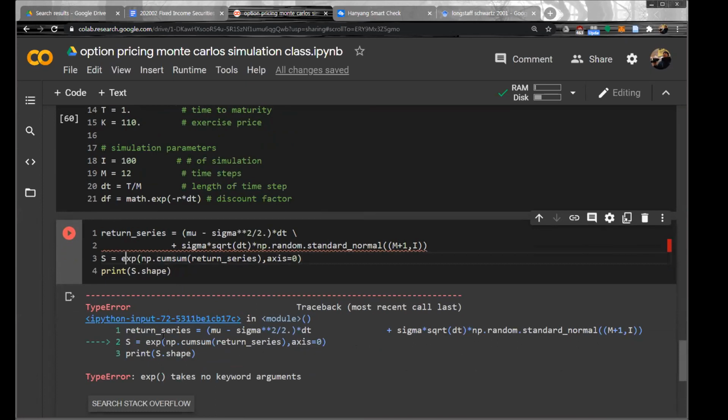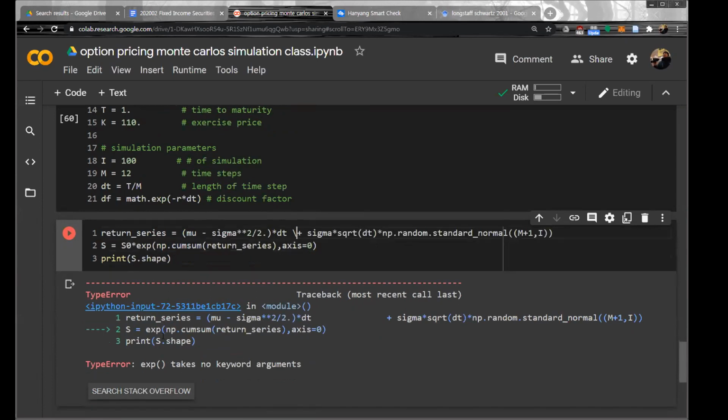And then I have to multiply by S0, the initial one.